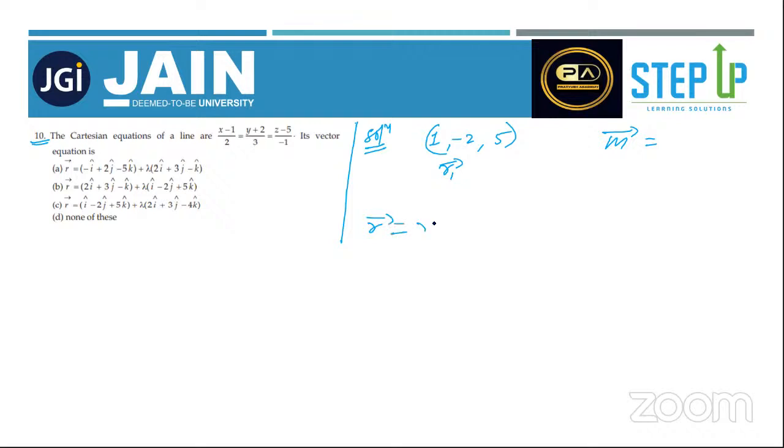Equation is R vector equal to R1 vector plus lambda m vector. So what is m vector?